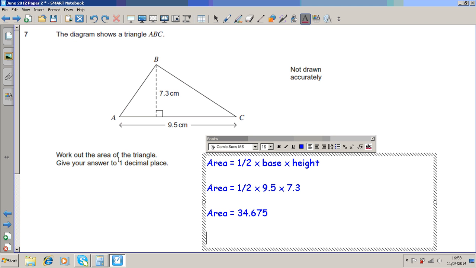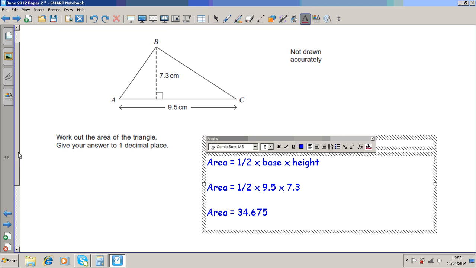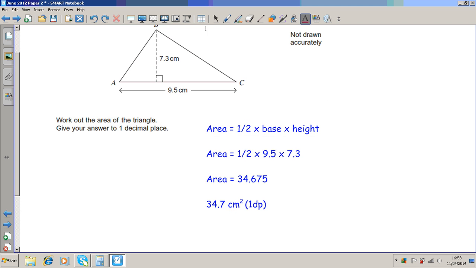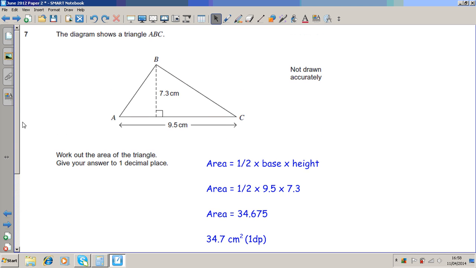And it asks for it to one decimal place. So again, make sure you answer the question fully. 34.7 centimetres squared to one decimal place. Job's a good one. 3 marks. I think that's a gimme.